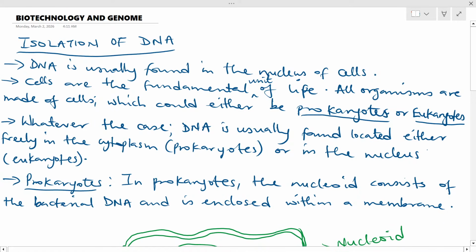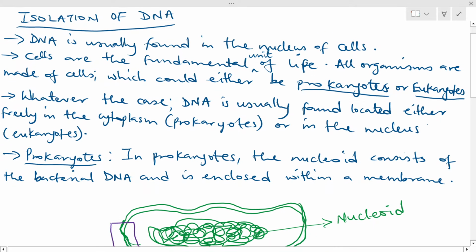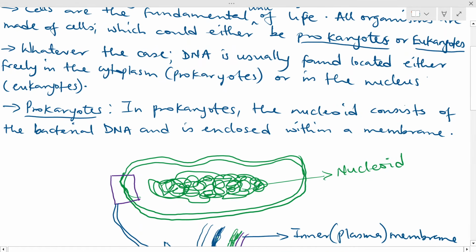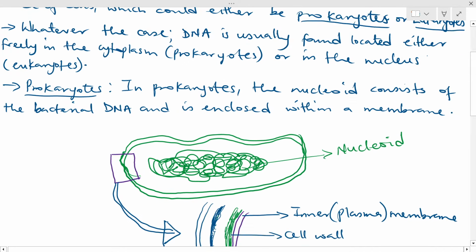Whatever the case, whether prokaryotic or eukaryotic, the DNA is usually located either freely in the cytoplasm, which is the case of prokaryotes, or in the nucleus, which is the case of what? Eukaryotes. In prokaryotes, we have the nucleoid consisting of bacterial DNA, enclosed within a membrane.